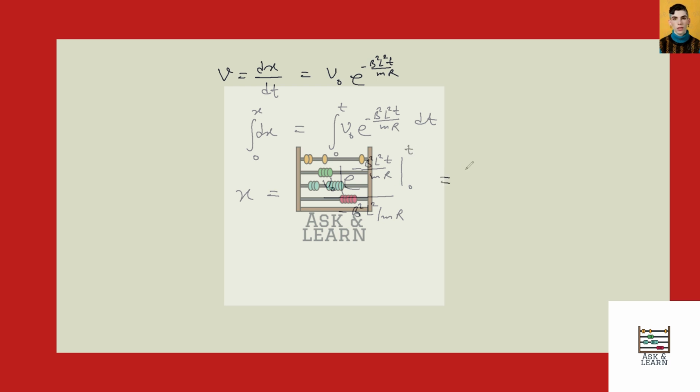So this will become v naught times minus m times R divided by B square L square, e to the power minus B square L square t divided by m times R, having the limits of time from 0 to t. Finally, when we put all these limits, we get an expression m R v naught divided by B square L square, bracket 1 minus e to the power minus B square L square t divided by m times R.